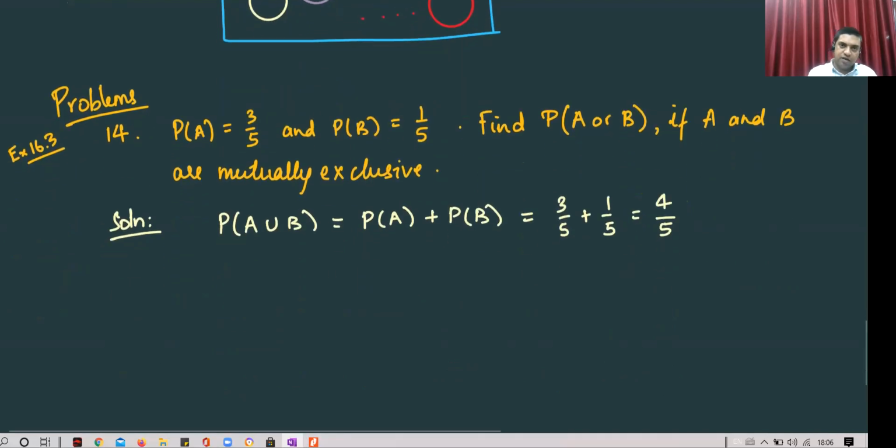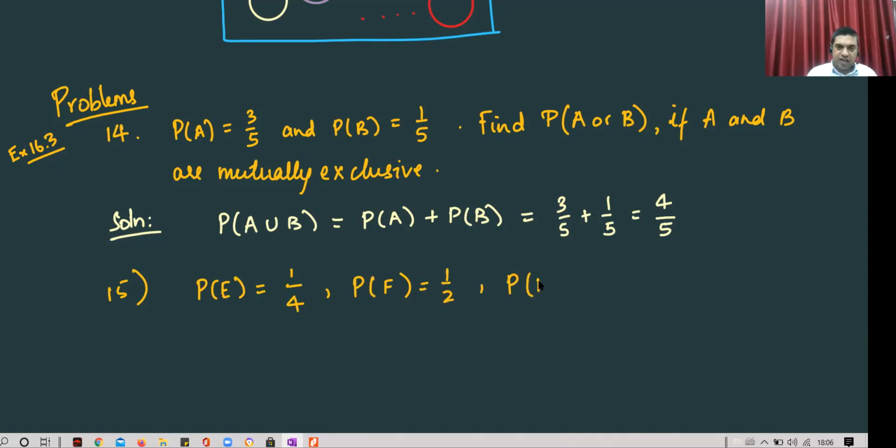This is the probability. Now let us do this one, the 15th. P of event E is 1 upon 4. P of F is 1 upon 2.